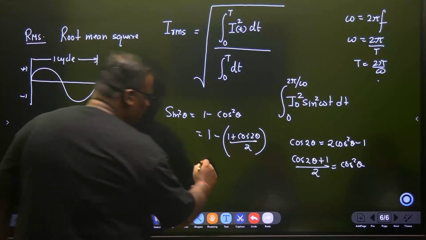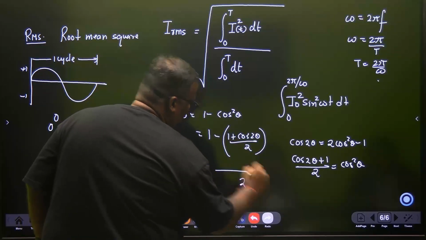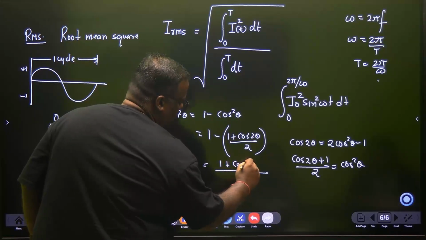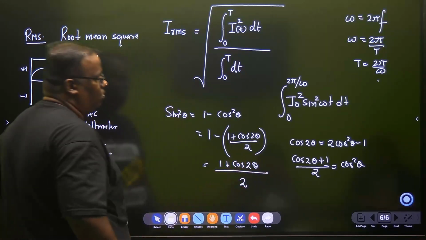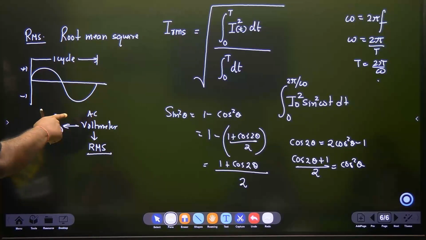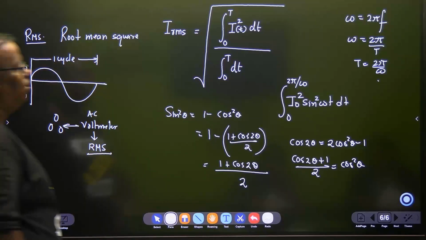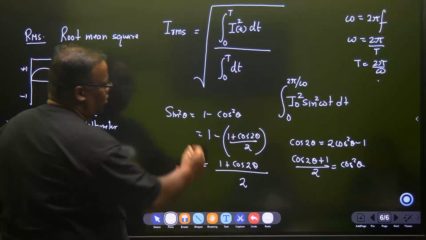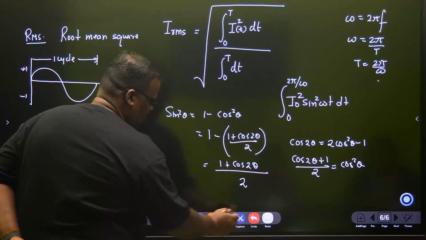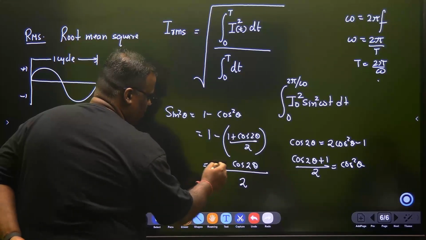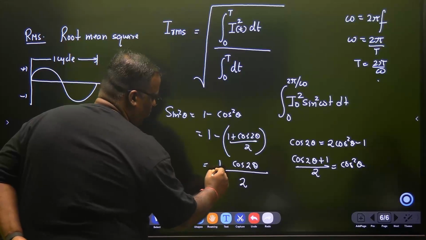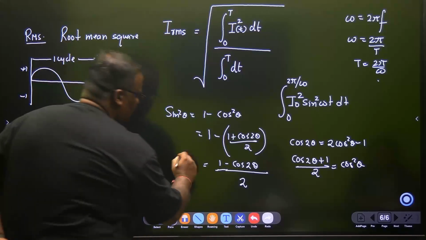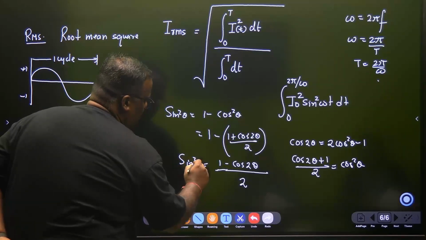If you take the whole thing, this becomes 2 minus 1 is 1, so 1 minus cos 2 theta divided by 2. Sorry, I was making a sign error. So this is sine square theta equal to 1 minus cos 2 theta divided by 2.